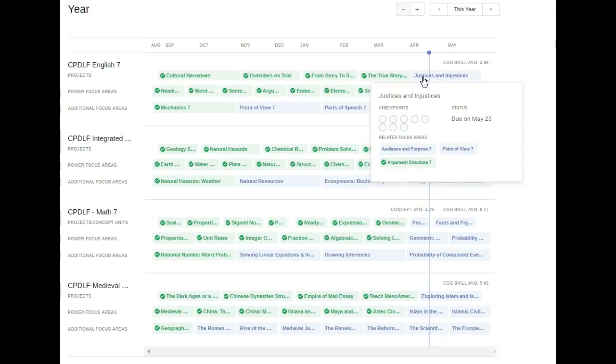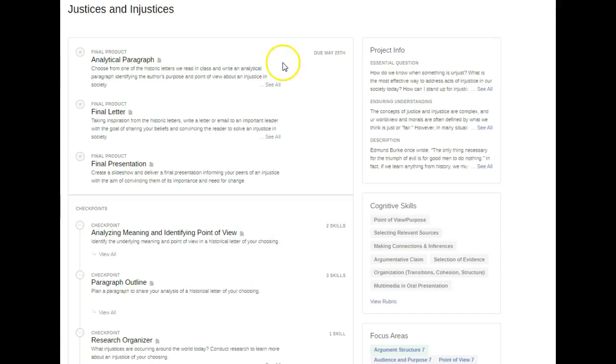So if I click on this box and open it up, you're going to see those final products. What you need to have for this project: a paragraph analyzing the letters from different sources that were in the first checkpoint.